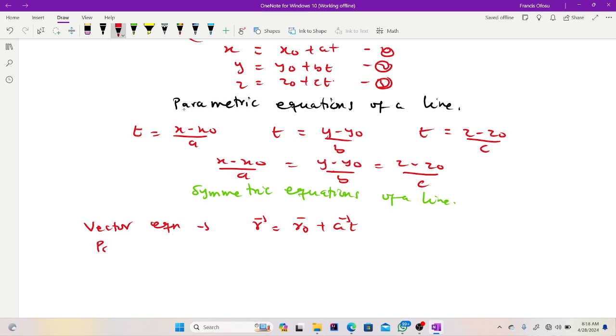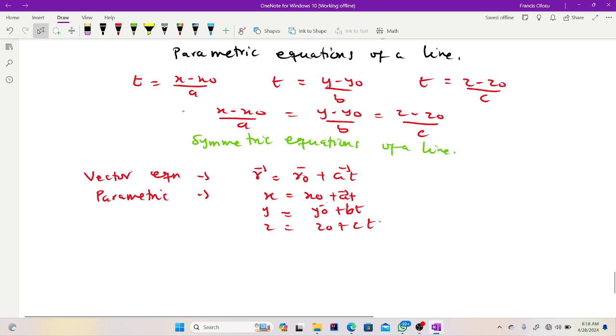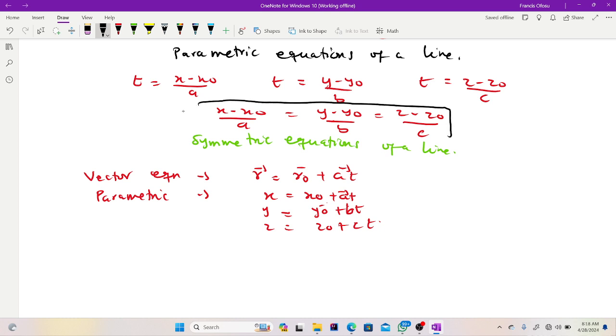You can have your parametric equations, which are given as x is equal to x naught plus at, y is equal to y naught plus bt, then z is equal to z naught plus ct, right? Then finally, this whole thing becomes your symmetric equation. So take note of that.